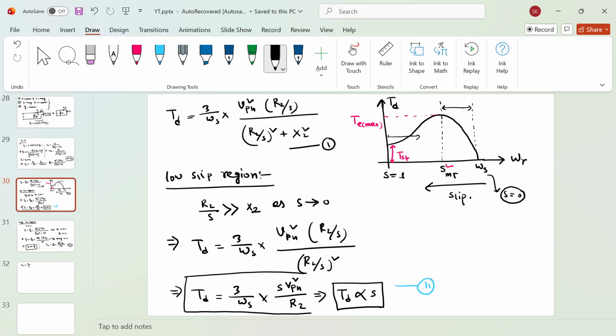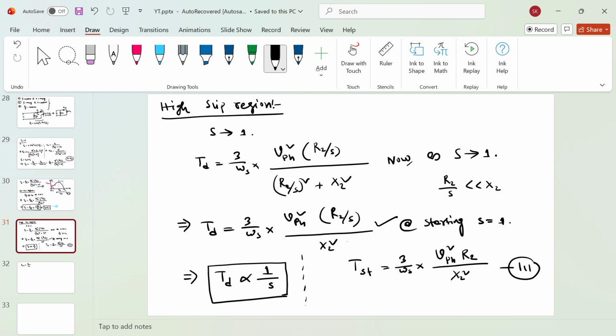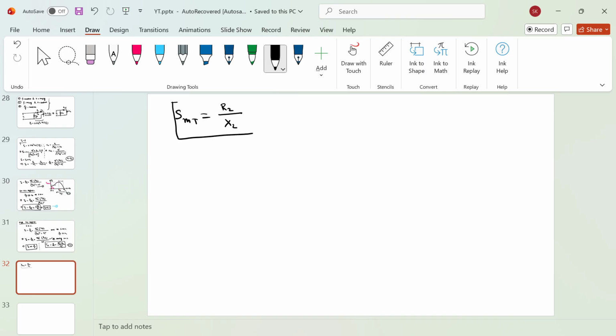You have to remember these equations, as they are required for analysis. Even if you cannot remember them, you can derive them the way I have derived them.